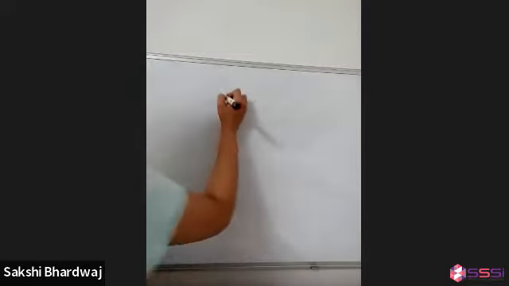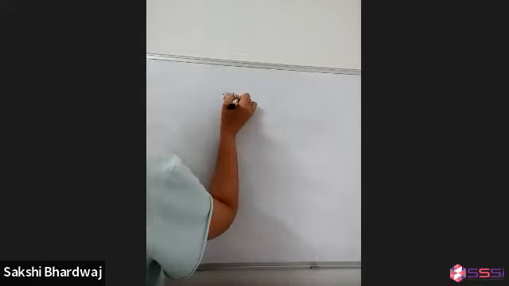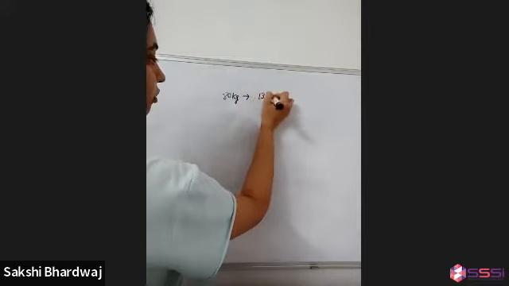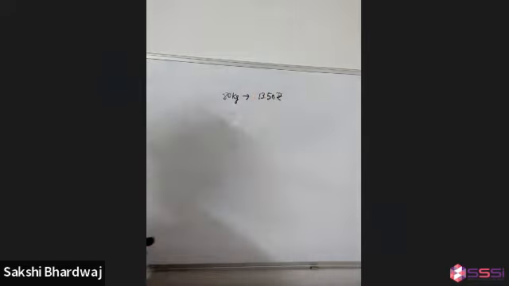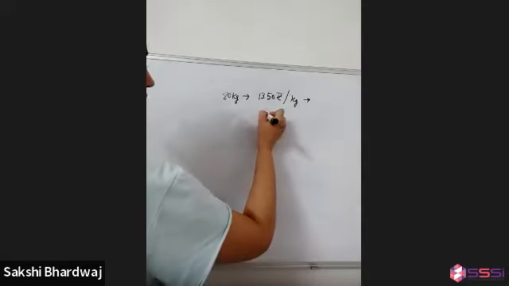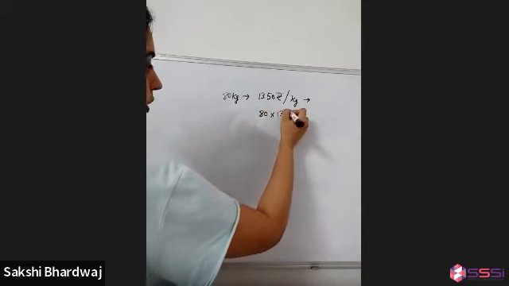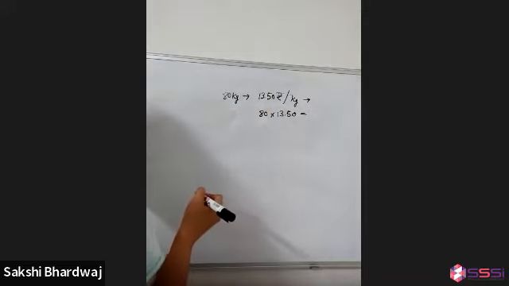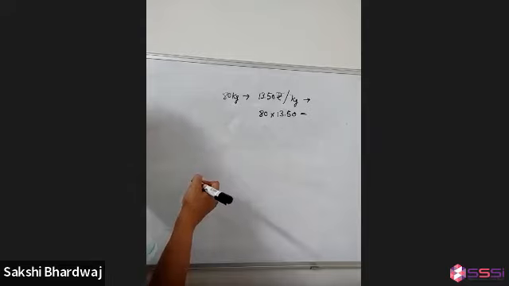80 kg of sugar at 13.50 rupees each kg. So the total will be 80 into 13.50. And what else did he buy? 120 kg sugar at rupees 16 per kg.